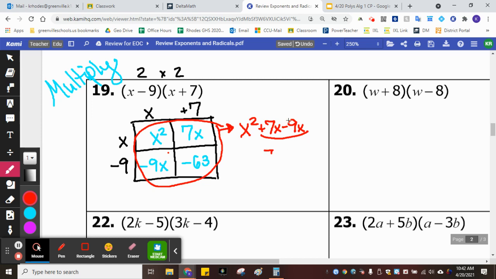So 9 minus 7 is 2. So 7 minus 9 is negative 2. So we combined these two, added them together, and then we just have a number, minus 63.